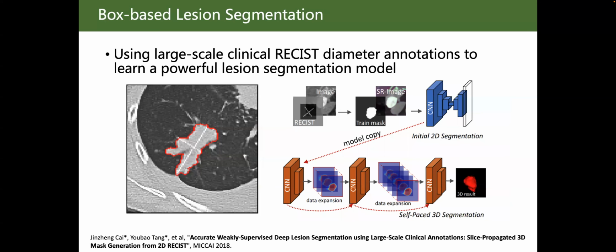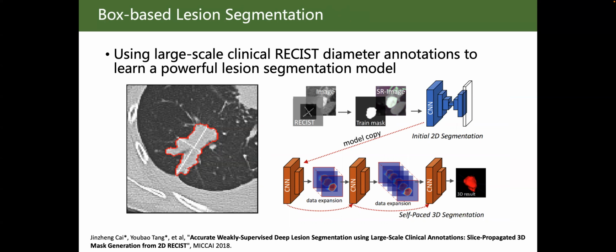In the next work, I want to talk about box-based lesion segmentation. As we know, it's impossible to get a large number of fully annotated data to train lesion segmentation models.